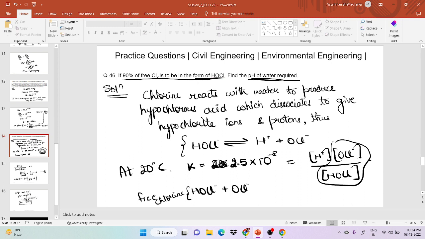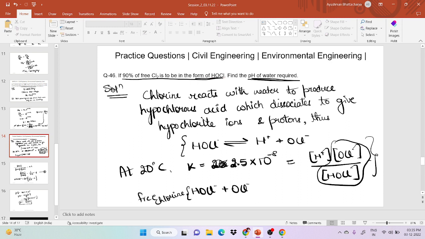We know this much. Now, based on the question, they are mentioning that 90% of free Cl2 is to be in the form of HOCl. Free Cl2 basically means the sum of the concentrations of HOCl plus OCl minus ion.